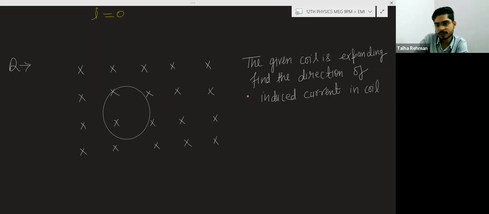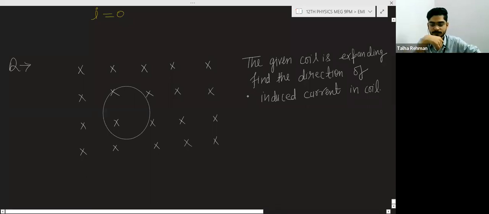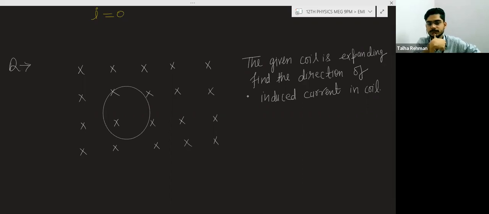Okay, try this question by yourself. As the coil is expanding in the given magnetic field, what will be the direction of the induced current in this coil?